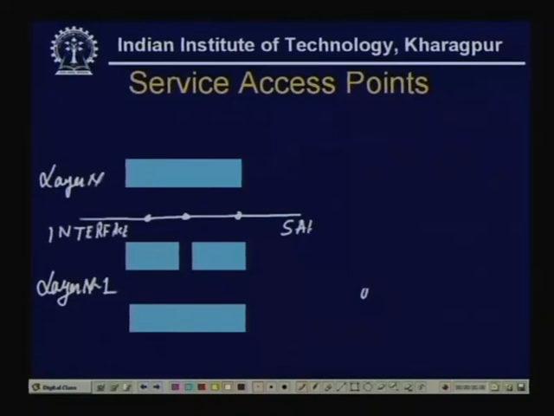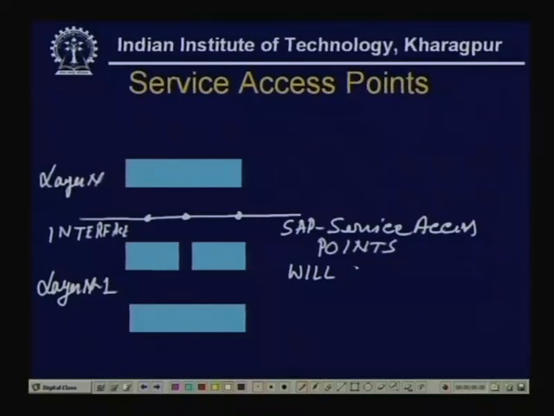SAP stands for service access points. So, through these service access points, the layer n entities will access service, get service from layer n minus 1. So, obviously, the service access points will have some address.